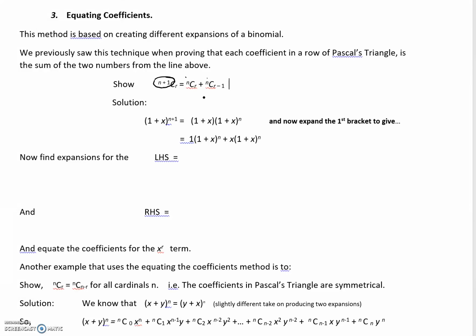But like I said, the success of proving and showing identities based on a binomial expansion is very much dependent on you recognizing which one of the methods is appropriate to the question.